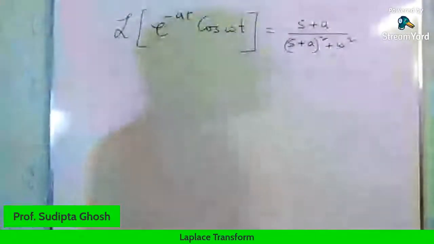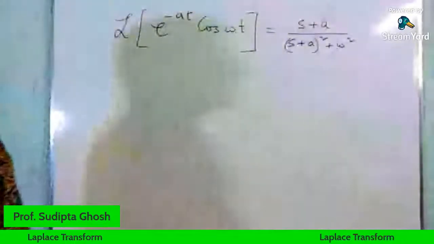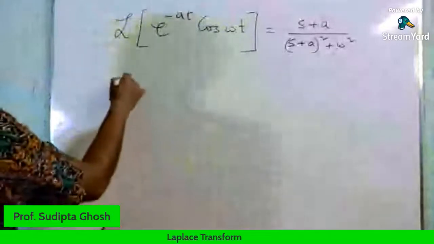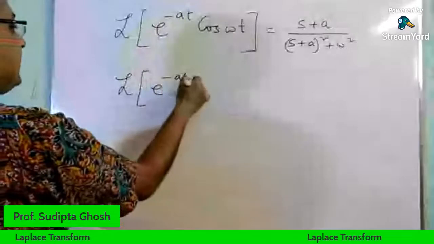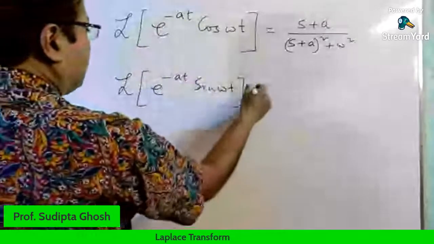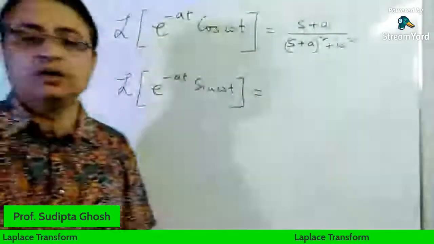So this is the Laplace transformation of e to the power minus at cos omega t. Again, what will be the value for e to the power minus at sine omega t?